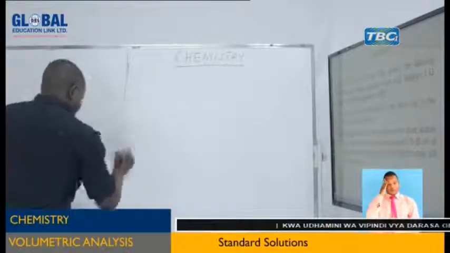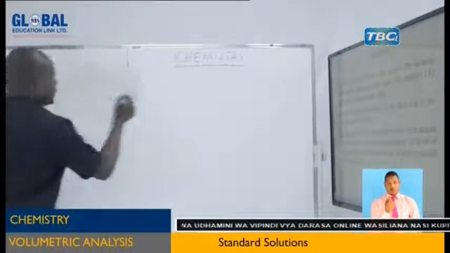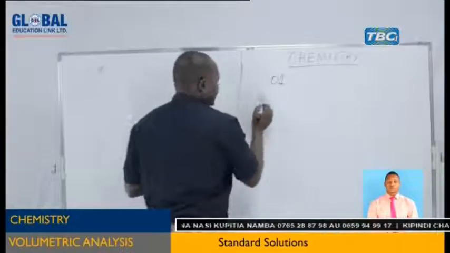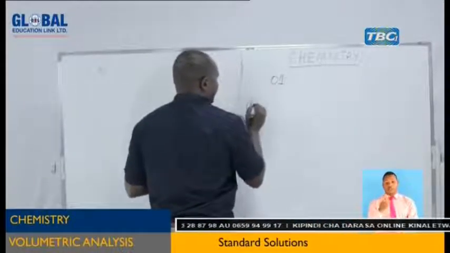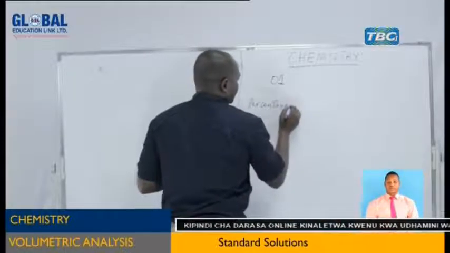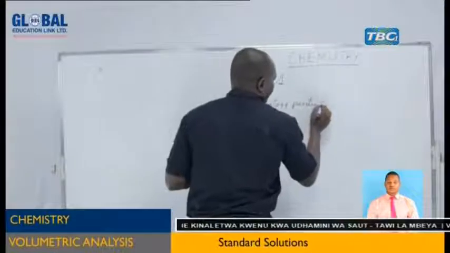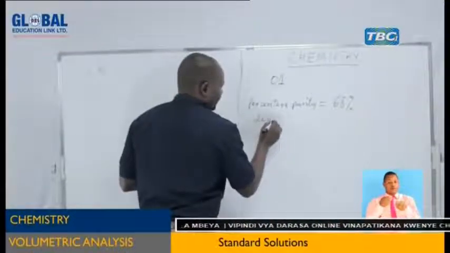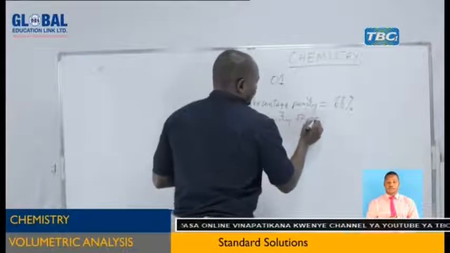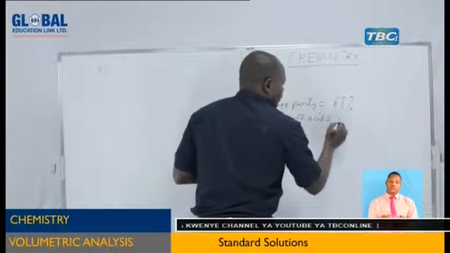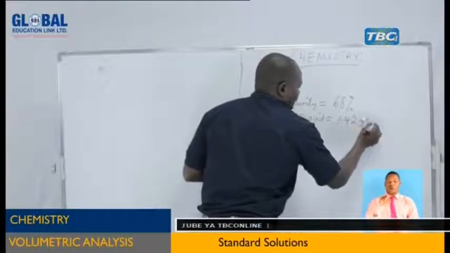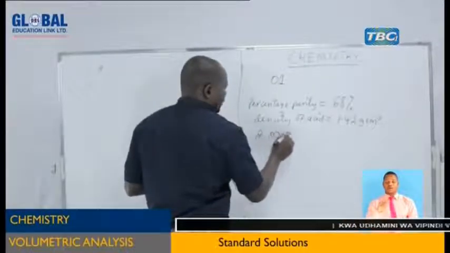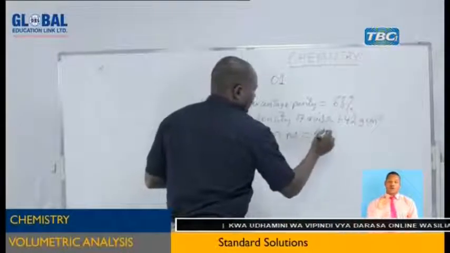In question number 1, we have the percentage purity of the acid, which is equal to 68, we have been given the density of the acid, which is 1.42 gram per cubic centimeter, and we have also been given the relative molecular mass of the acid, which is 63.